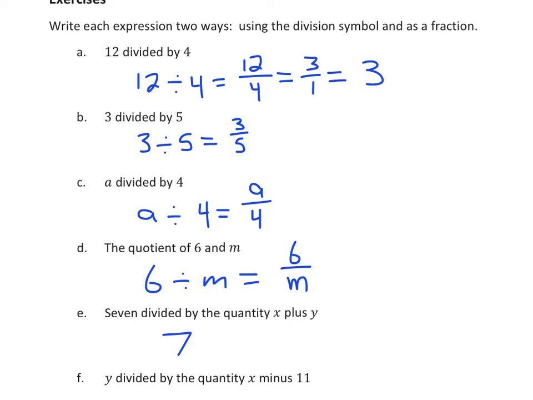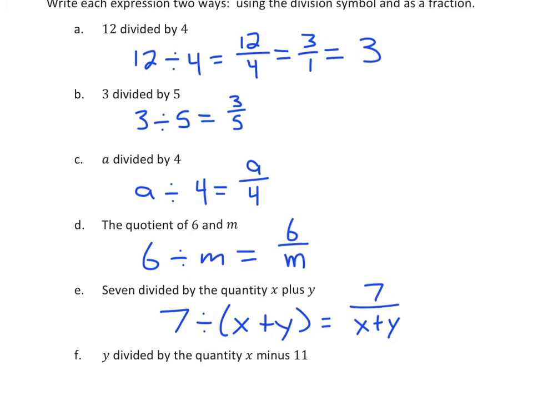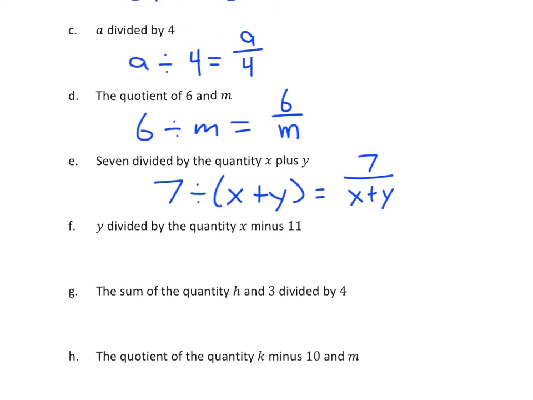7 divided by the quantity of x plus y would be the same as 7 over x plus y. And I do have to shift the page slightly here. Y divided by the quantity x minus 11.